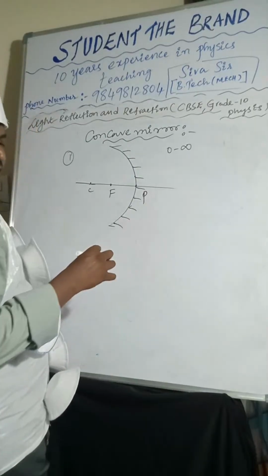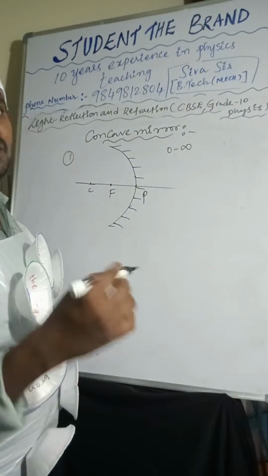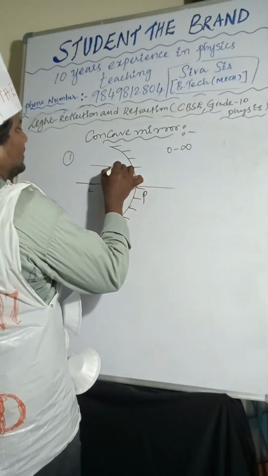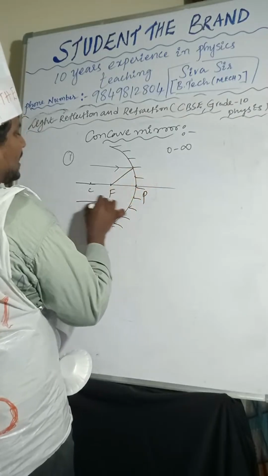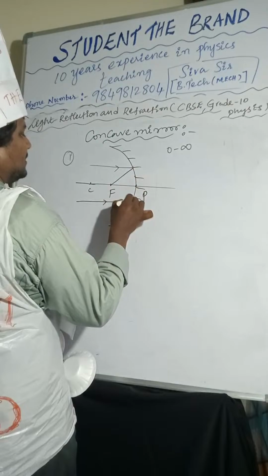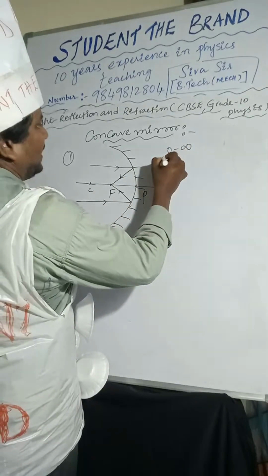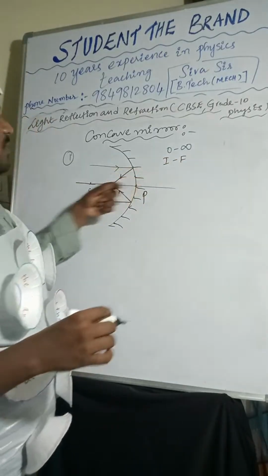How many light rays are required to form the image of the object? Minimum 2 light rays are required. I'm taking one light ray like this; after reflection it passes through focus. Another light ray I'm taking; after reflection it passes through focus. Object at infinity, image will form at focus.